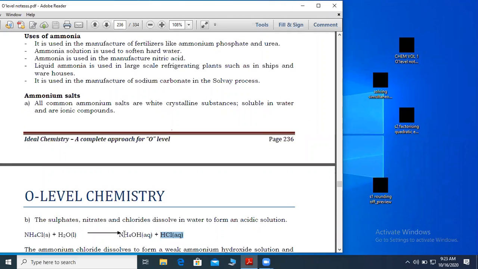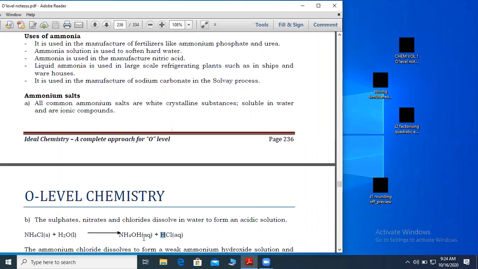But a strong acid ionizes completely. So if ammonium hydroxide is a weak base and it ionizes partially, then overall it will contain few hydroxide ions compared to more hydrogen ions from a strong acid. So in the end, the number of hydrogen ions is going to be greater than the number of hydroxide ions.